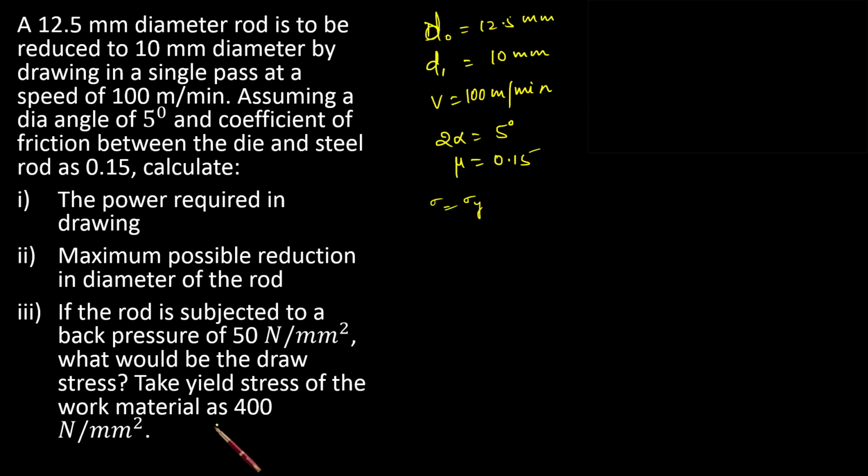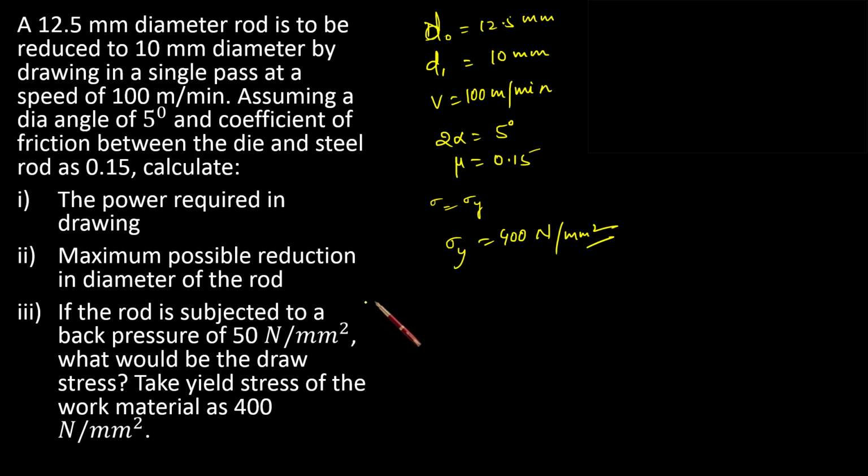Take yield stress of the work material. Sigma y is given as 400 Newton per millimeter square. So the question is, we need to calculate drawing load.